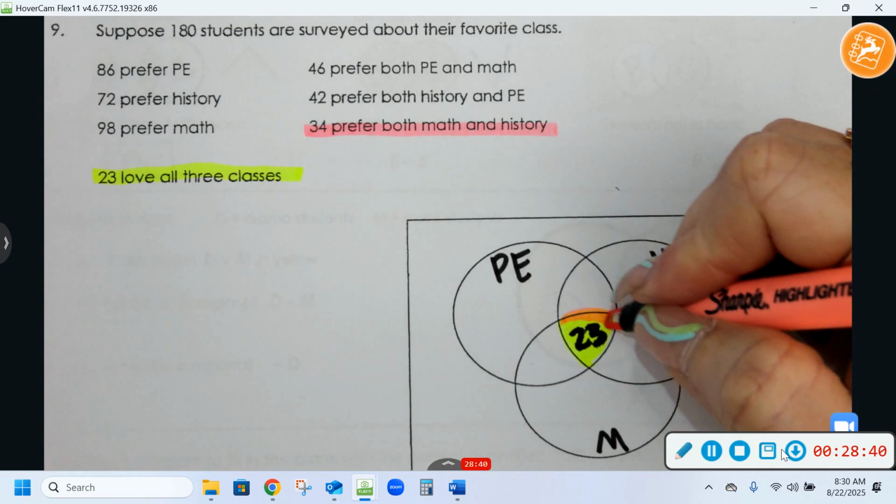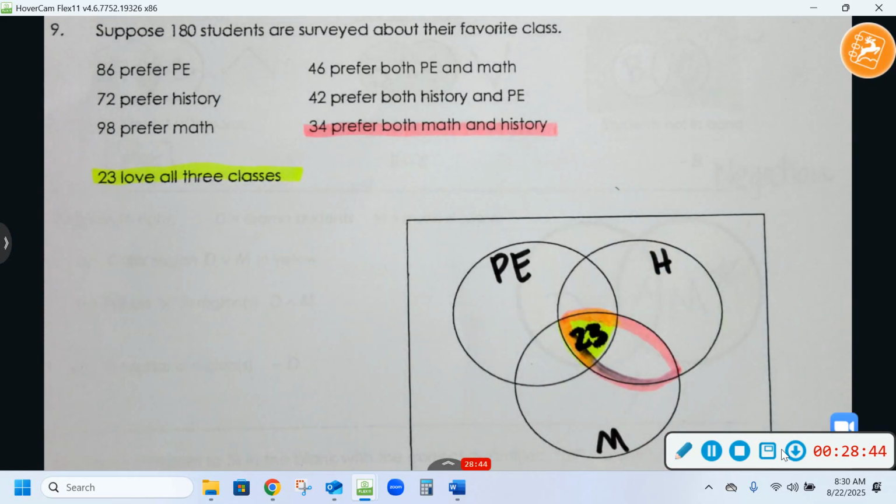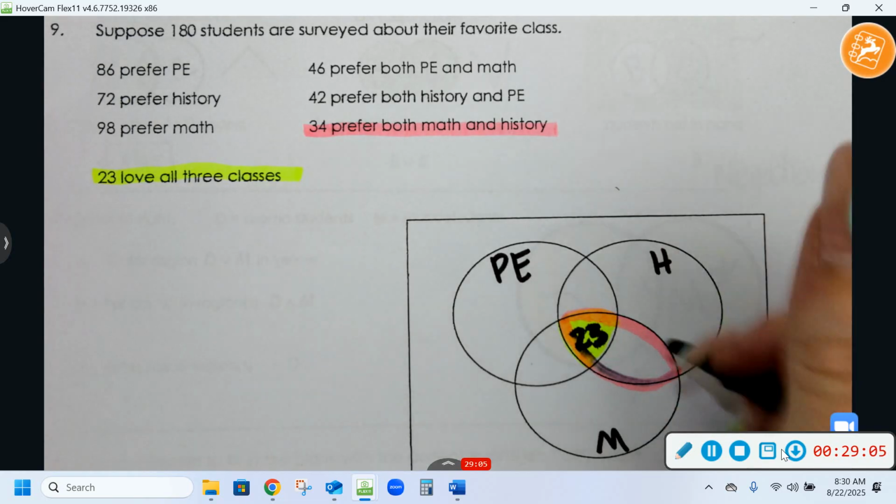So math and history would be this petal. What am I going to do to figure out how many more go in this petal? 34 minus how many? 23. Here we go.